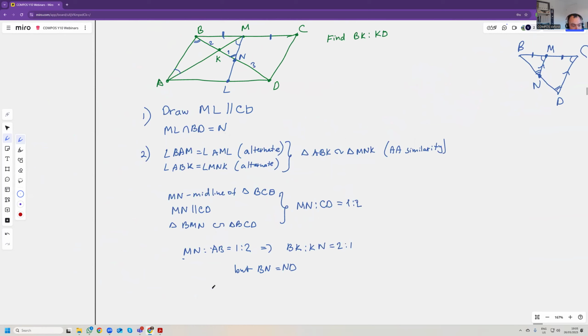So hence BK to KD is equal to 2 to 4. Oh, I found a much easier solution. Sorry. 2 to 4, which is equal to 1 to 2. Okay.